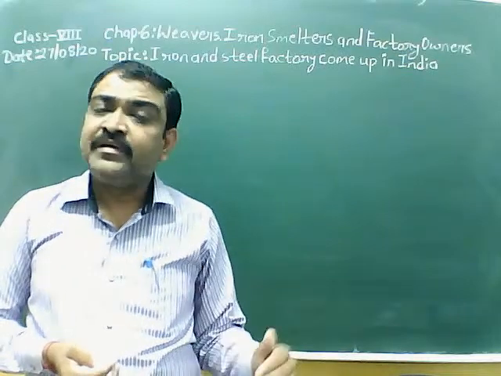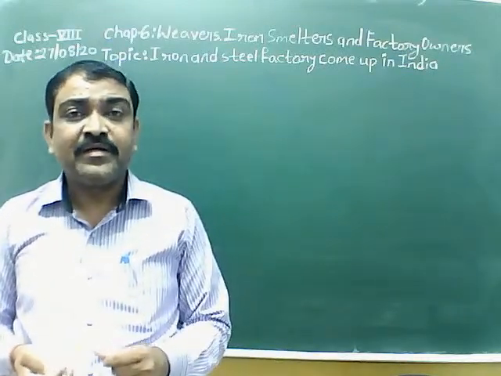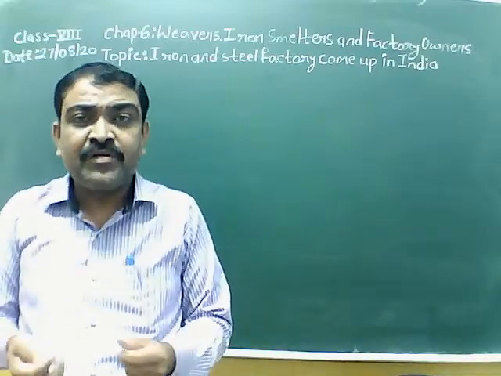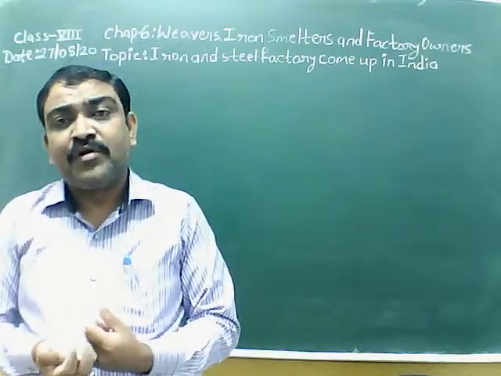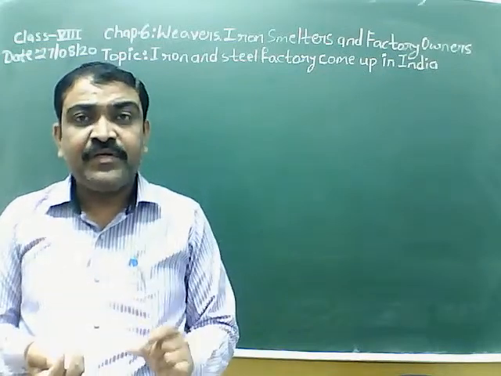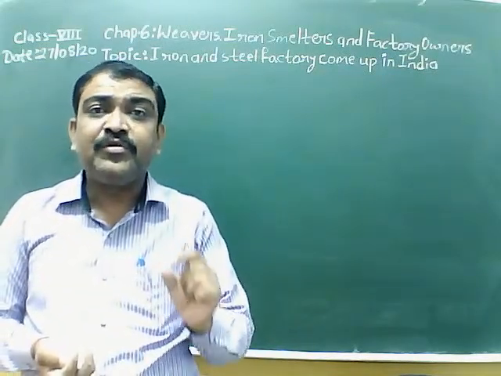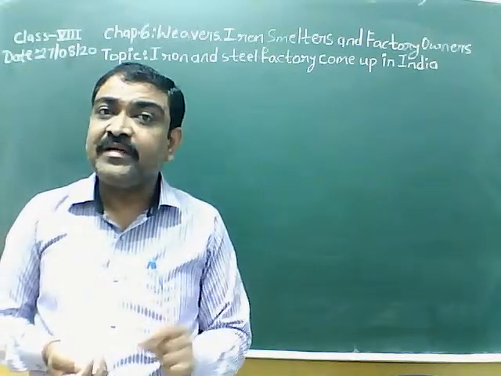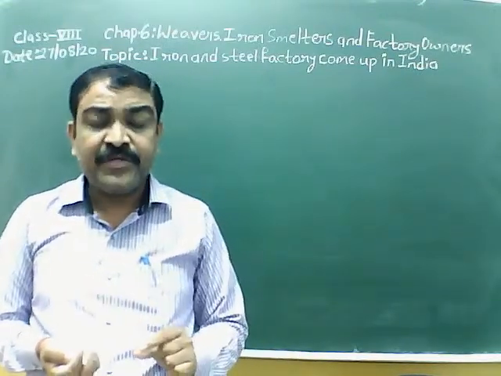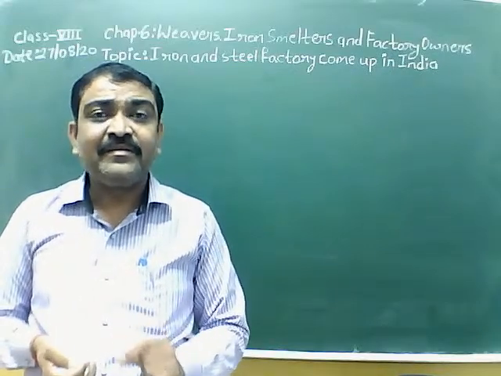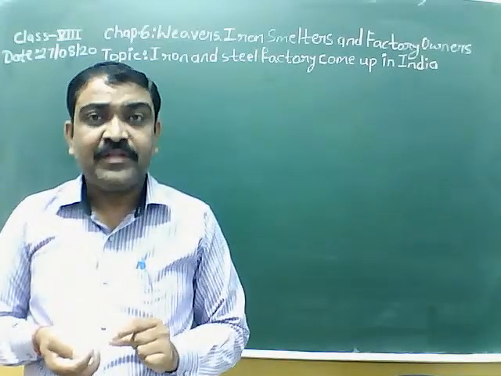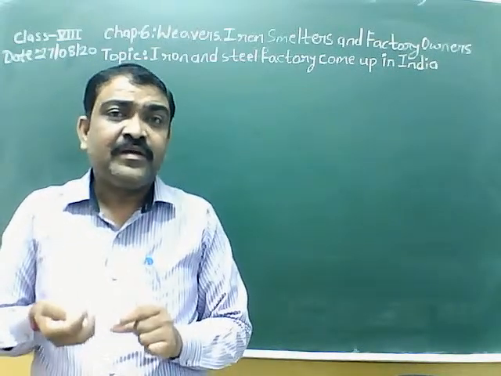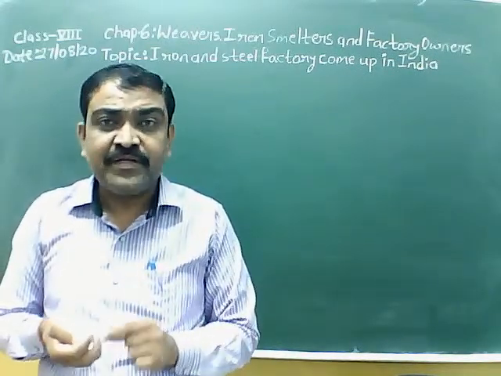These clay pots were put onto earthen burners, which we normally call a bhatti or chulha. With proper control of temperature, the iron smelters produced the best quality iron and steel in our country.